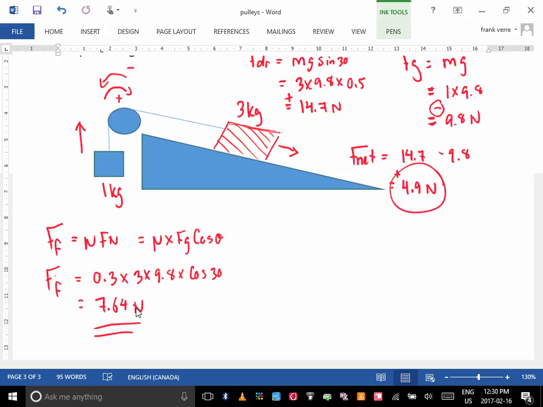In fact, what's going to happen is something interesting. It's not going to move. It won't move. Why not? Is that right? 7.64? Okay.